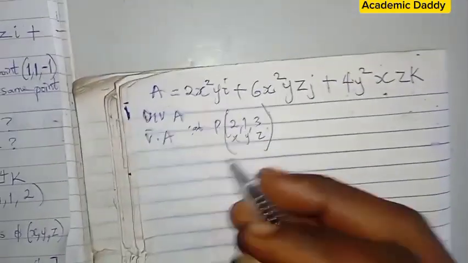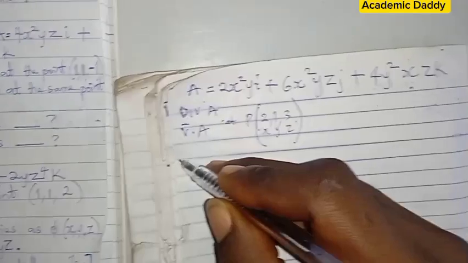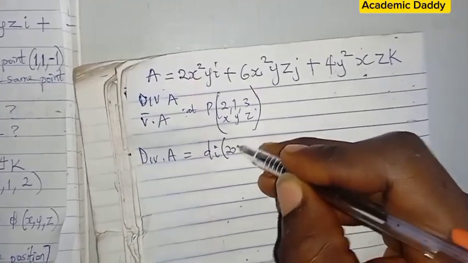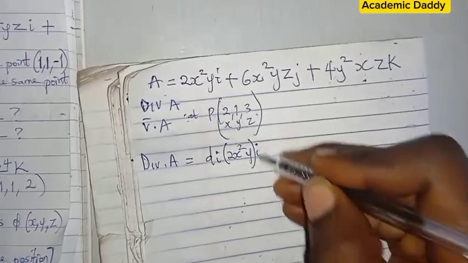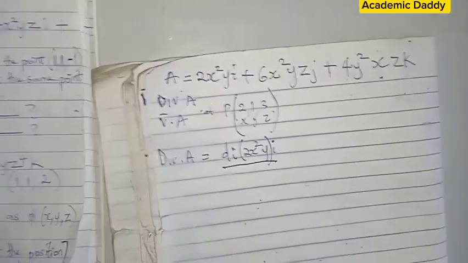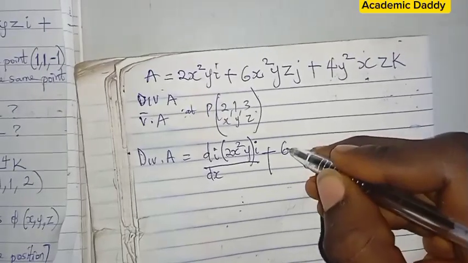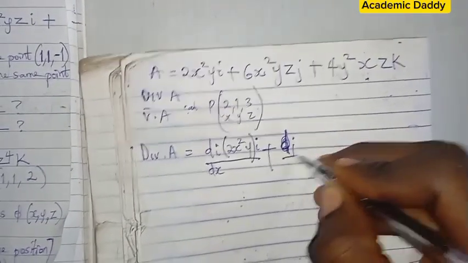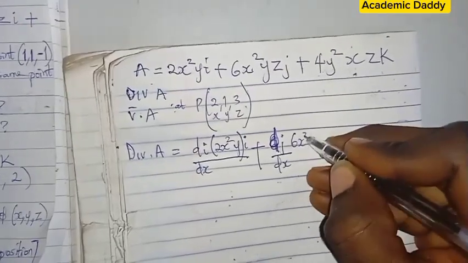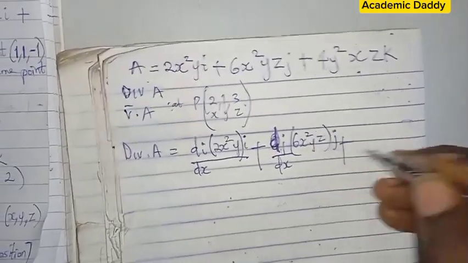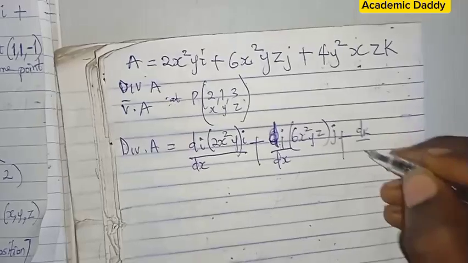They say we should find div A here. So to find div A, the formula for the divergence of A will be equal to d i, then I have 2x squared y i, all over, or with respect to x, then plus d j all over the y, 6x squared yz j, then plus d k with respect to z.